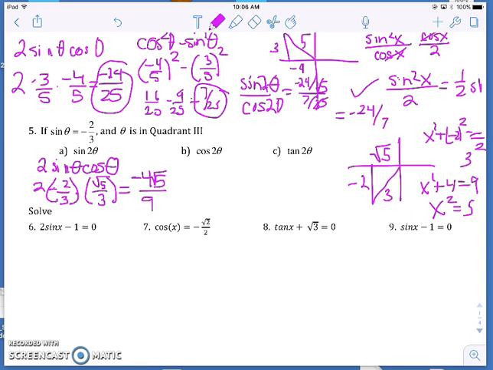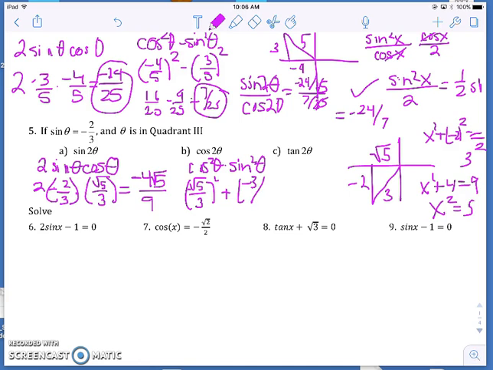The cosine of 2 theta, so that was cos squared minus sine squared. So cosine, square root of 5 over 3 squared. Not 9, my bad, that should be 3 squared, and that's a negative plus negative.